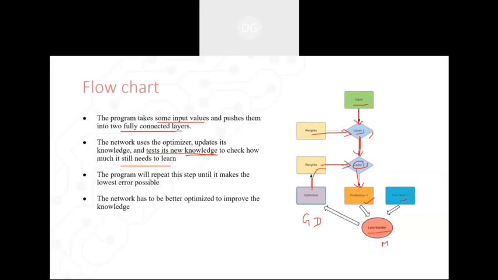The program will repeat this step until it makes the lowest error possible. It will not know sometimes when to stop. So based on the outputs we are getting, we can come to some conclusion. At this particular point of time we are getting some good accuracy, so we can stop the process at this stage itself. Like that we will decide.